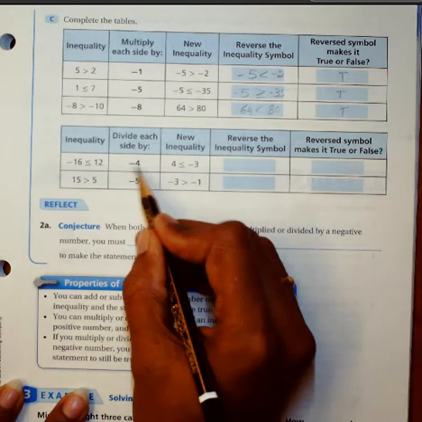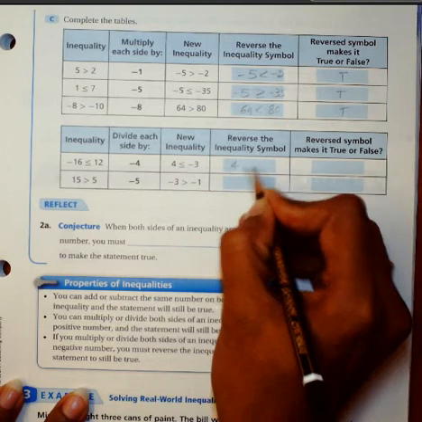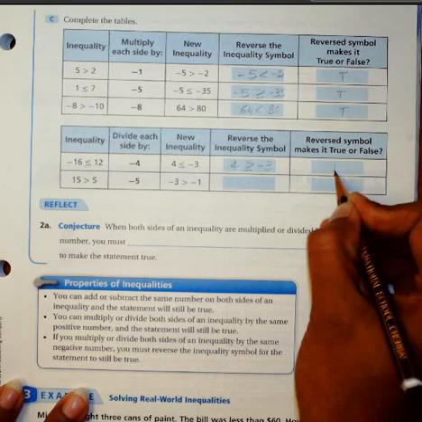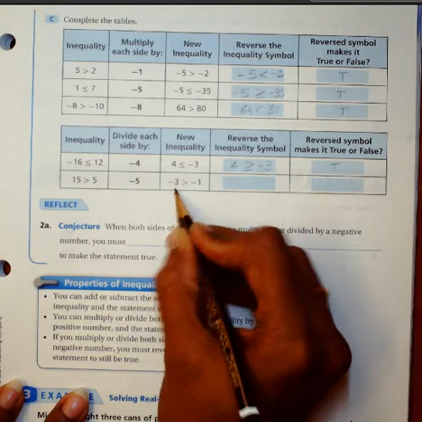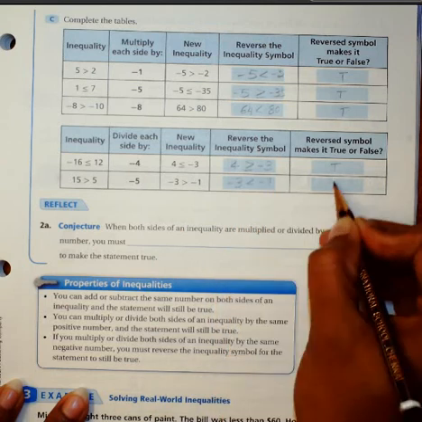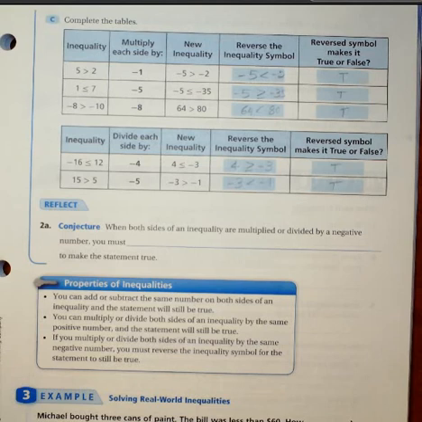Now you have this and you get the new inequality. And let's switch the signs and see 4 is greater than or equal to negative 3. Yes, it is true. And negative 3 is greater than negative 1. So I'm going to make it negative 3 is less than negative 1. Yes, it is true. So we can make a statement from this.